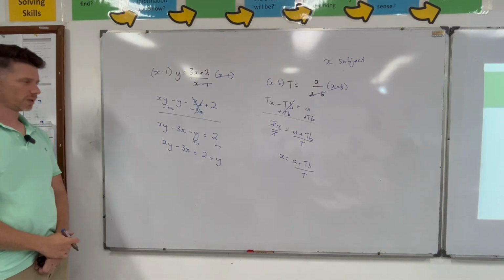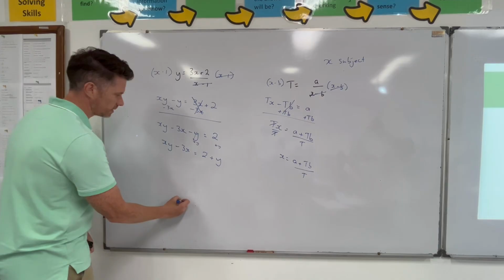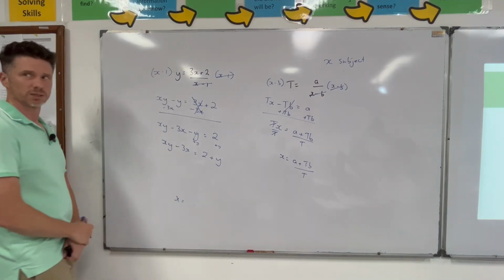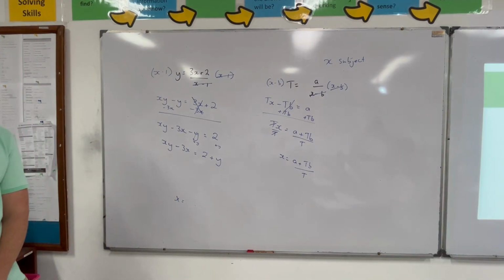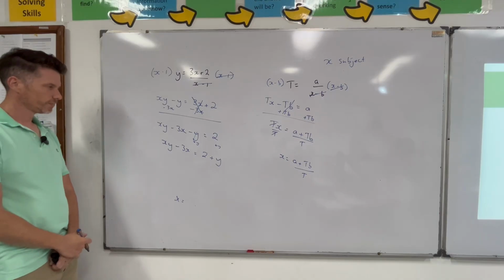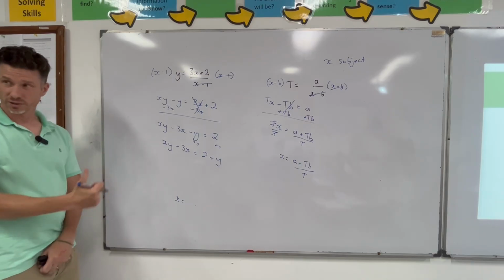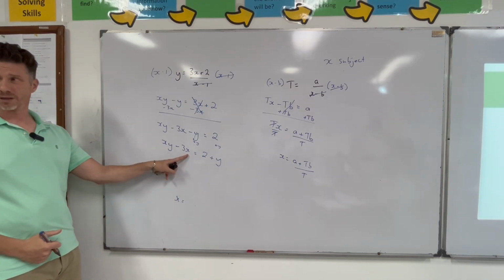I have 2 x's. How do I get those 2 x's down to just 1x if they cannot be combined because I don't know what y is? Remember, my answer has got to be x equals, which means that somehow I have to combine these two. Divide by y? No. It's a good idea, it'll make this just x, but it'll make this x divided by y, which is not good.